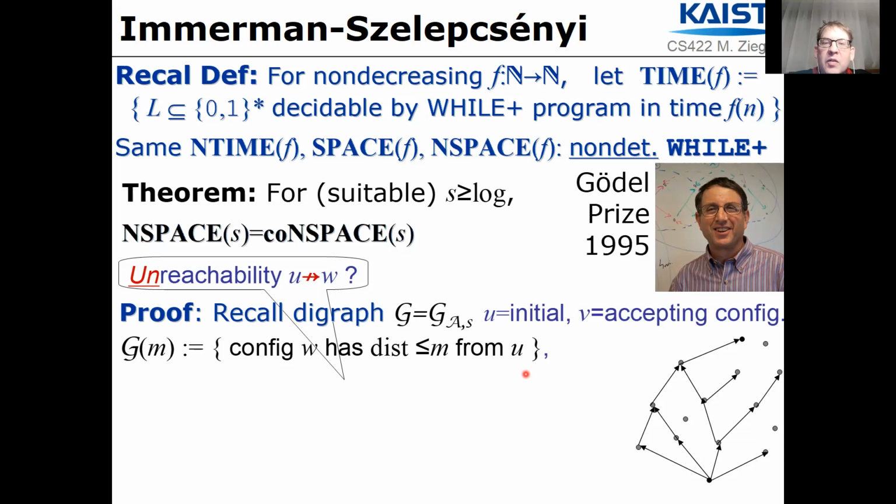So reachability and its complement means unreachability. Is it impossible to reach the unique accepting configuration from the starting configuration? And the algorithm now can and must and should use guesses. We want to design a non-deterministic O of S algorithm using a linear amount of space in order to decide the unreachability, the co-NP space problem.